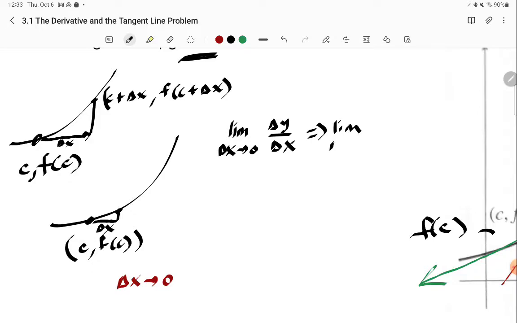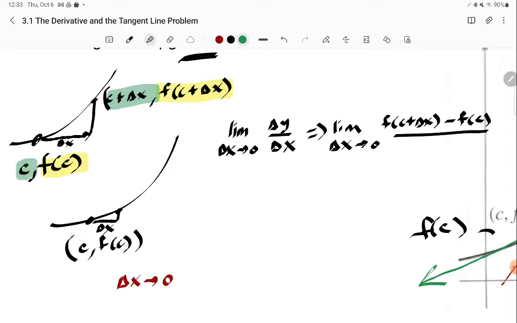It's going to be the limit as the change in x approaches 0 of y minus y, so f of c plus change in x minus f of c, all over x minus x, which is c plus change in x minus c.